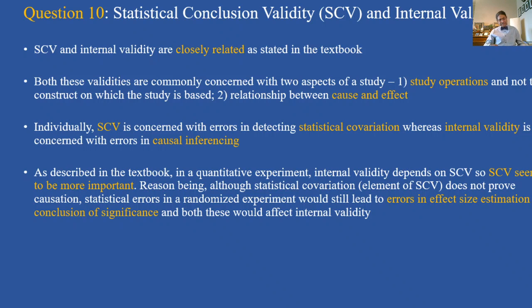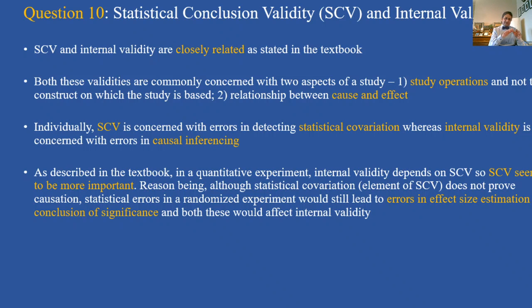The book states that statistical conclusion validity and internal validity are very closely related, and we've seen as we've gone through both the validities and also their threats, which quite often are similar. Both these validities have some things in common. They both are concerned with study operations and not with the constructs on which the study is based.